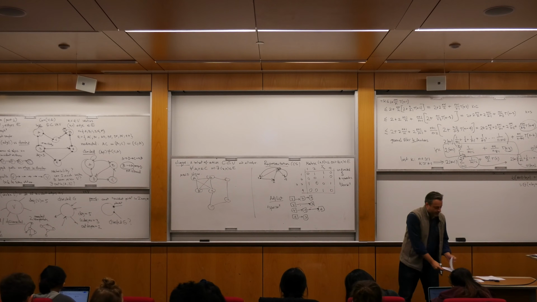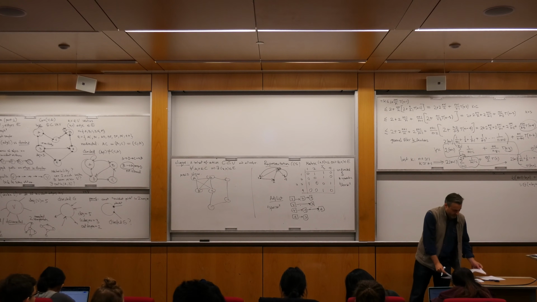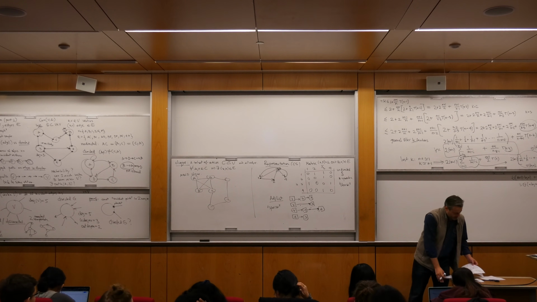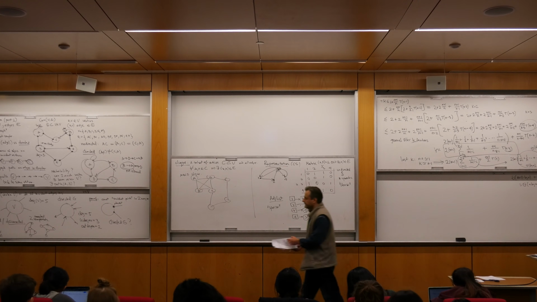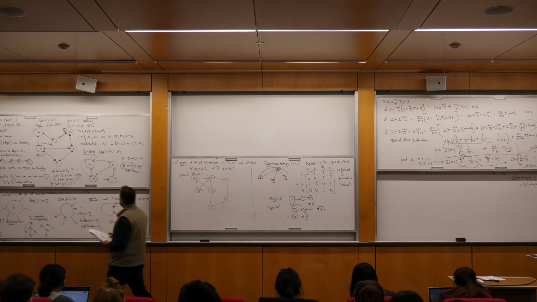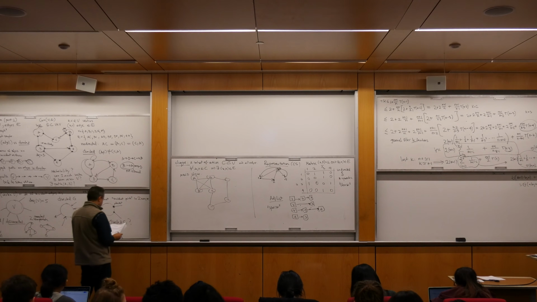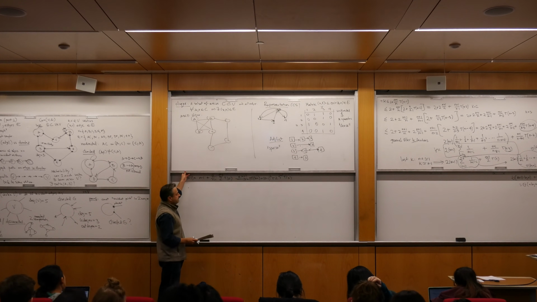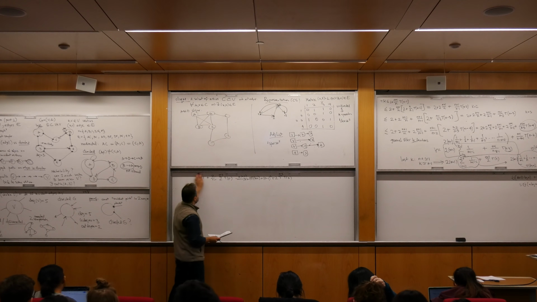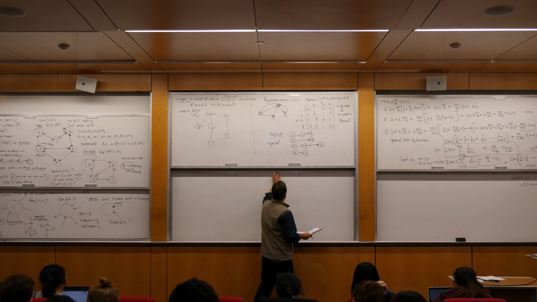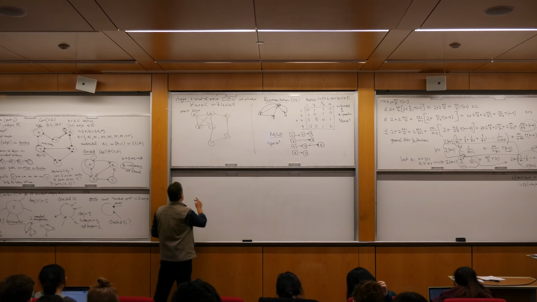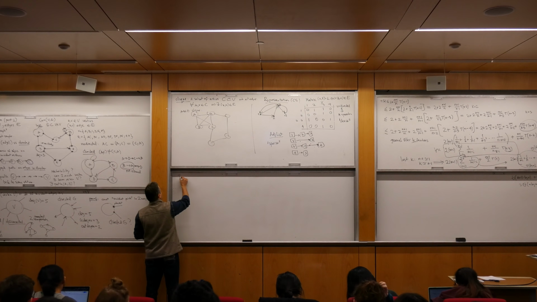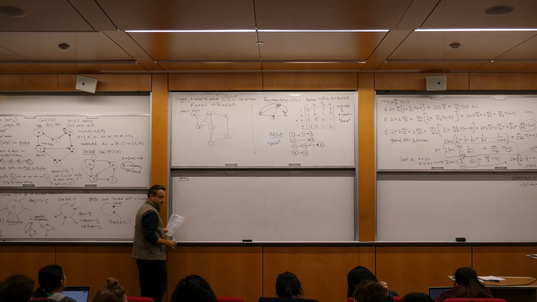The last thing I want to do, we're going to do traversals next time. So traversals is next time. But the last thing I want to do about graphs is to talk about special graphs that are called trees.